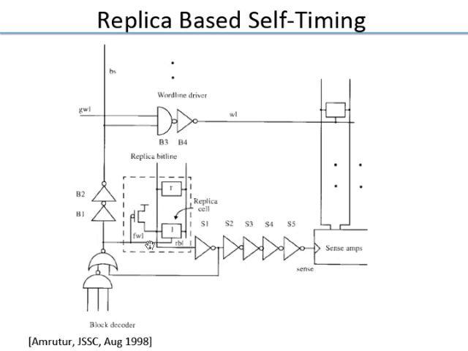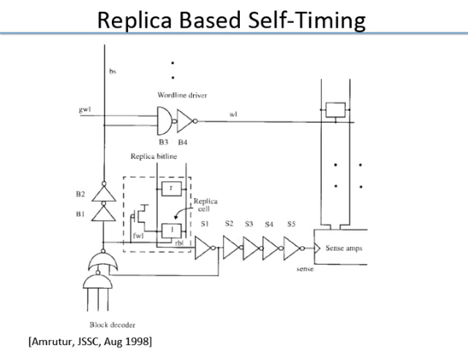Now in addition, you turn on a replica memory cell. There is a main memory cell, and there is a replica cell. It's the same as that, but it's always hardwired to have the value of 0. The replica cell discharges, and that triggers the sense amplifier as well as the shutting off of the word line. So there's a little loop there.